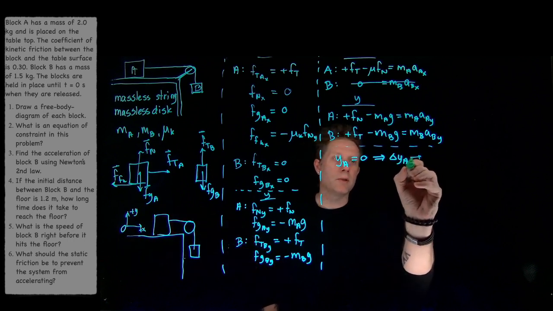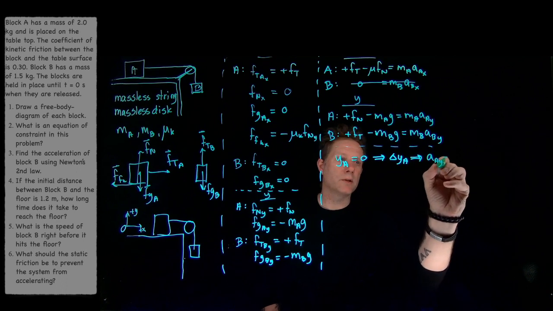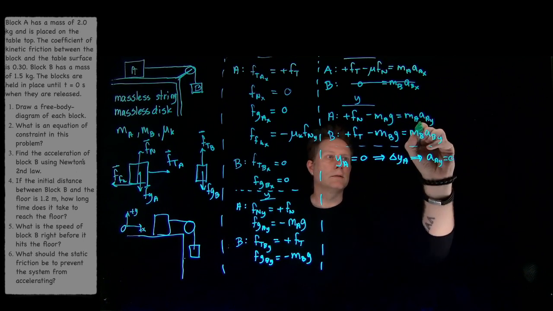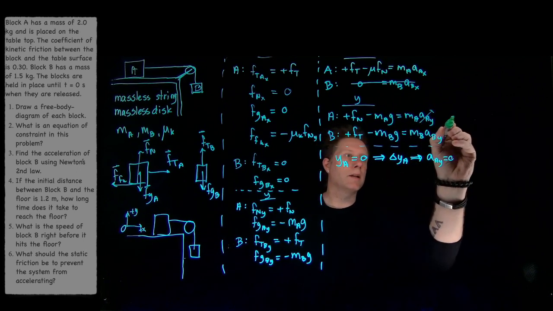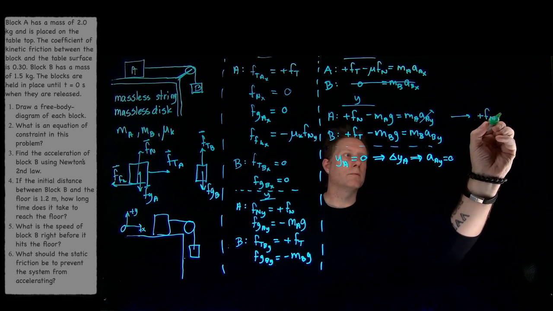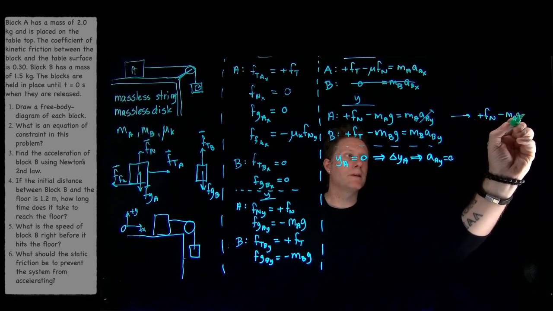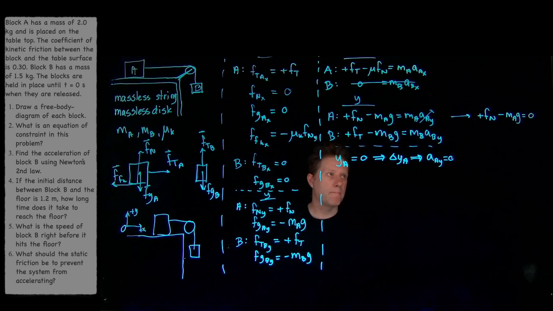And again, that implies that the acceleration of box A in the y direction must be equal to 0. So let's rewrite that equation as the normal force minus mass A times the acceleration of gravity is equal to 0.